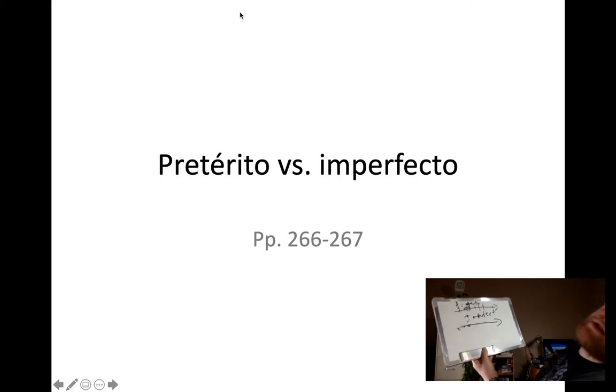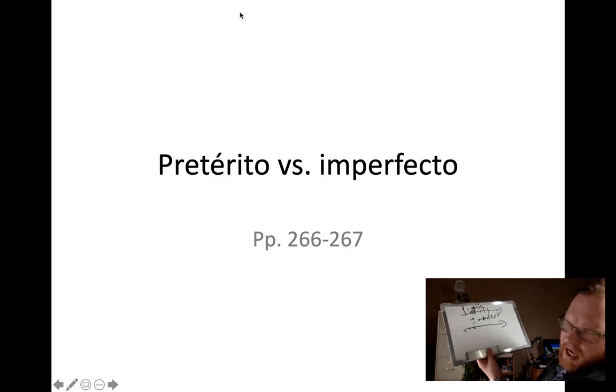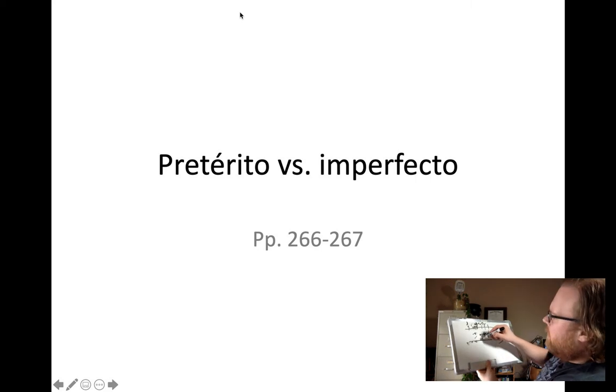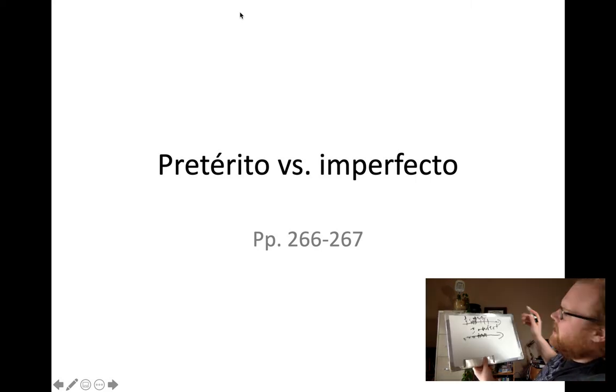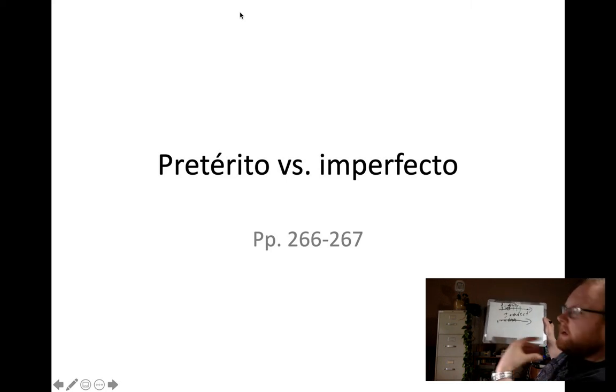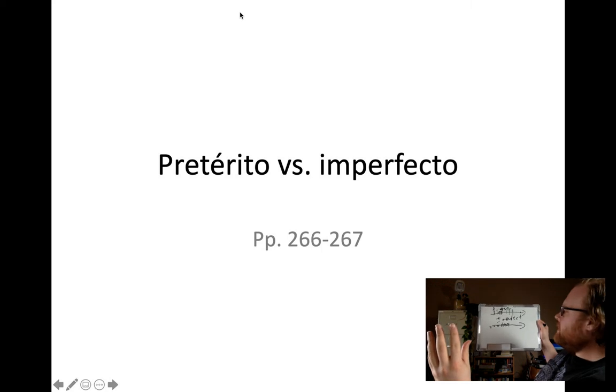When I say I used to do something, I don't know how many times, it's just something I used to do. It can be a habitual action in the past, or it can be simply something undefined in terms of temporal parameters. So meaning it doesn't have a clear-cut beginning and ending.